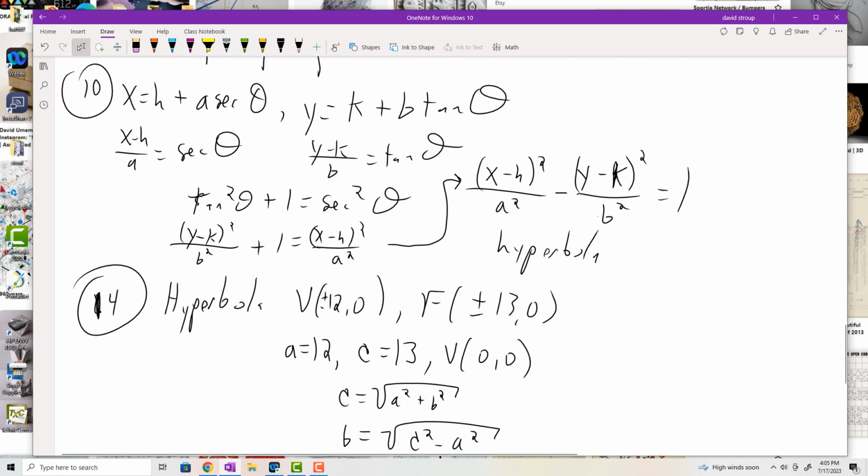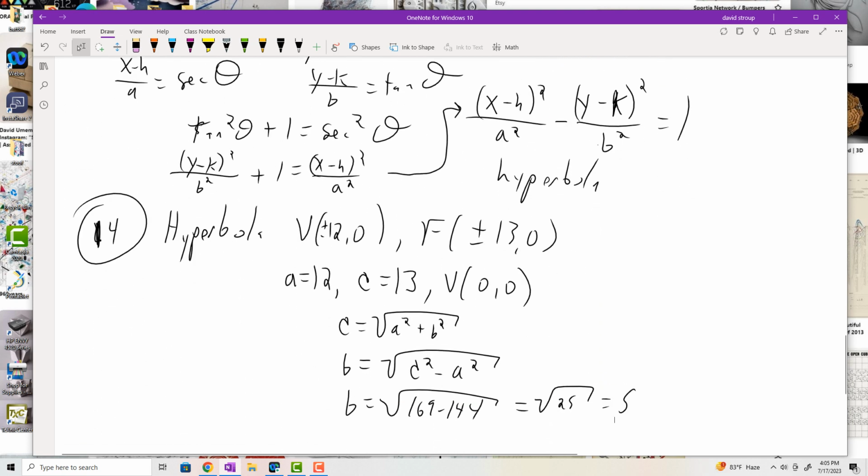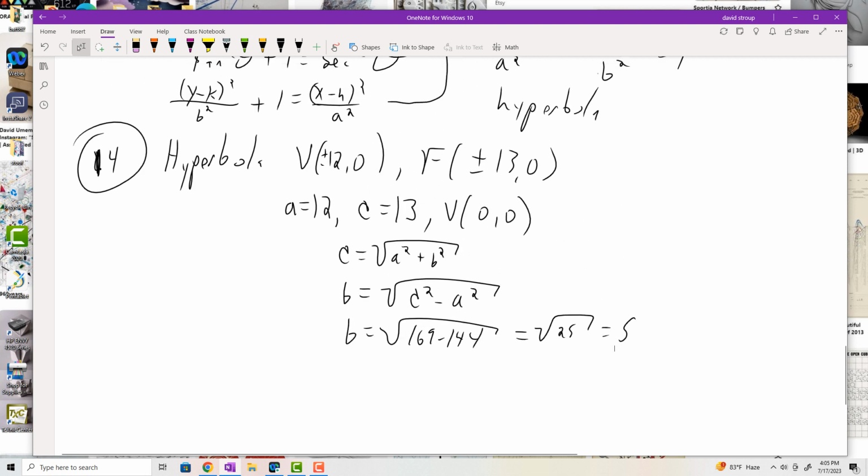So anyways, then you could back engineer your formula from your knowledge of trigonometry. The formula is going to be x squared all over 12 squared minus y squared all over 5 squared equals 1.